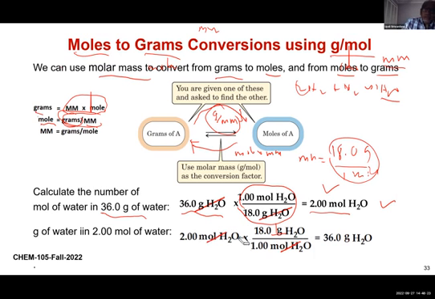So this one is the other way around. How do you convert 2 moles to grams? You start with 2 moles. Moles times molar mass to get the grams, this relationship.